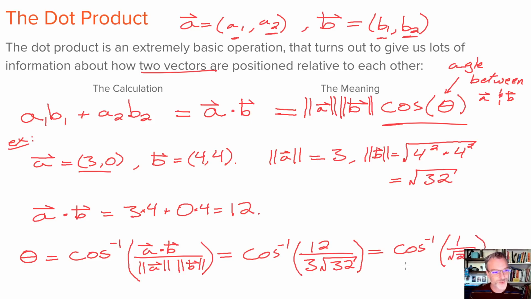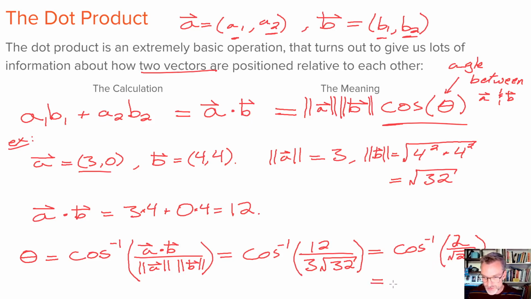Okay, see if you can do that. I just did that quickly in my head, a little too quickly, because this should be 2 over the square root of 2. And if you remember your unit circle, which is a nice thing to review, if you haven't seen it in a while, you can also just put this into a calculator.